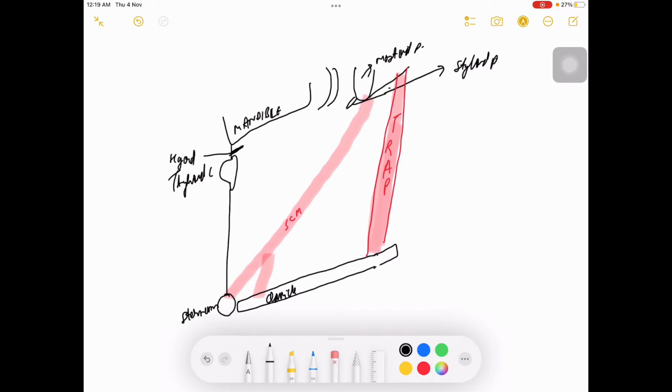This is hyoid, and now I'm going to draw the digastric. The digastric has two bellies, the anterior belly and the posterior belly. So this is one triangle, this is another triangle, this is the submental triangle, this is the submandibular triangle.